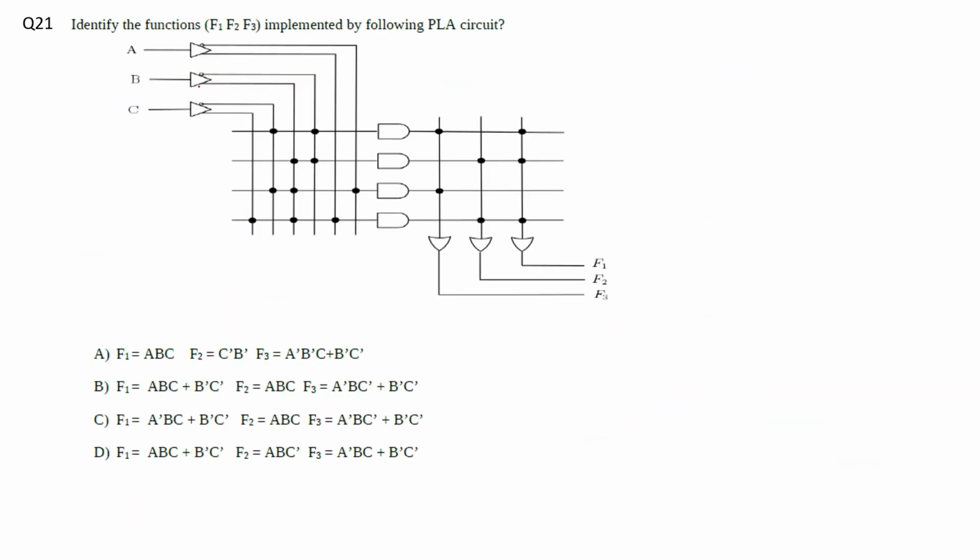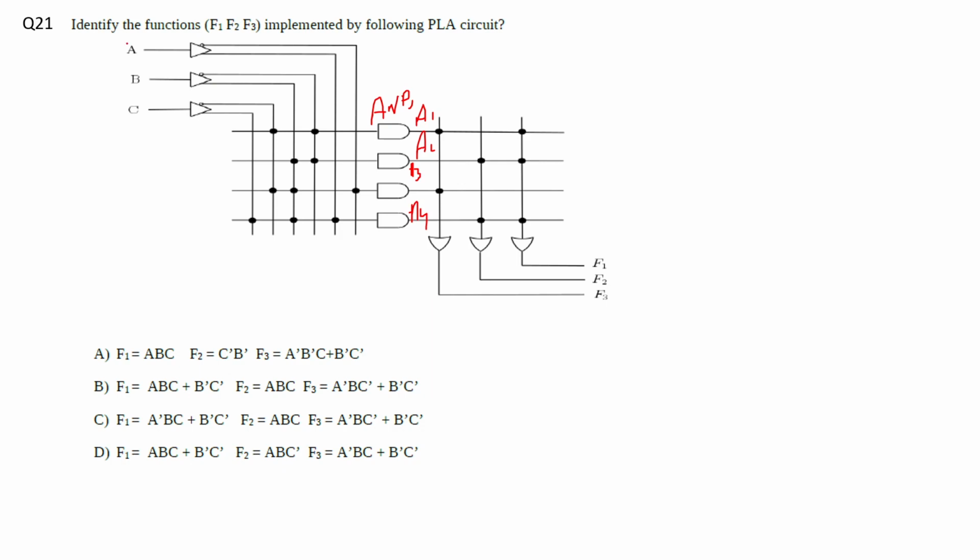Now I have question number 21. Identify the functions f1, f2, f3 implemented by the following PLA circuit. So we have this PLA circuit and we need to find out f1, f2, f3. So let me just call the output of this AND gate 1 as A1. Similarly, A2, A3, A4.